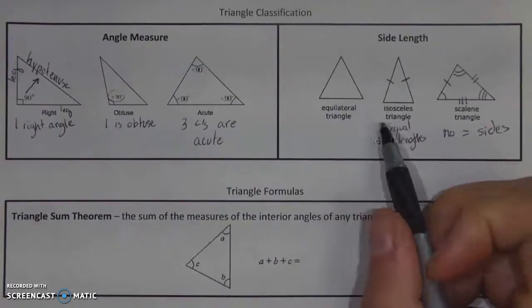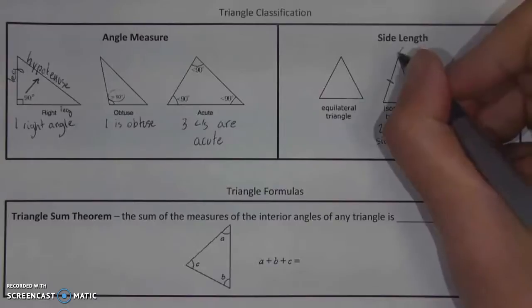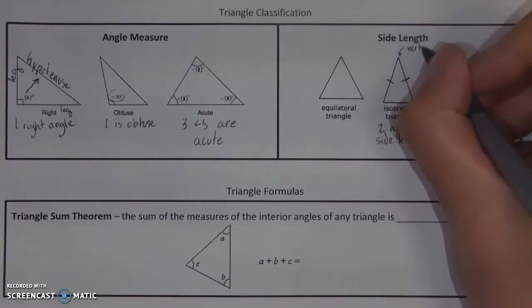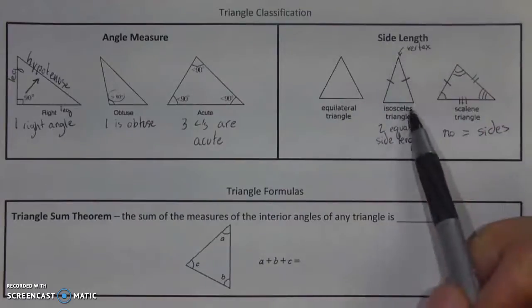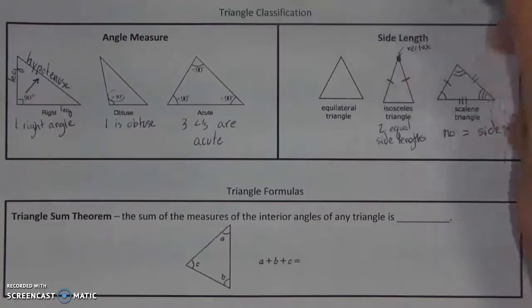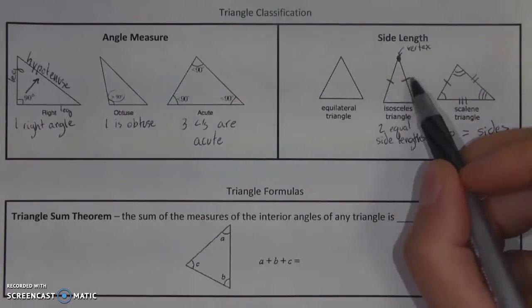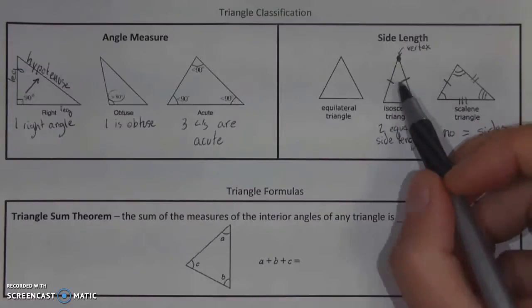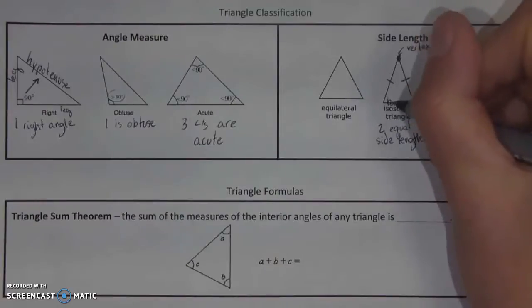Now with this isosceles triangle, we're going to get a few more terms as well. We end up talking about the vertex. Now technically each of the points are vertices, but when we look at the vertex, it's going to be the point that is at the intersection of the two equal sides. So here, this is our vertex. And opposite the vertex is going to be what we call the base.